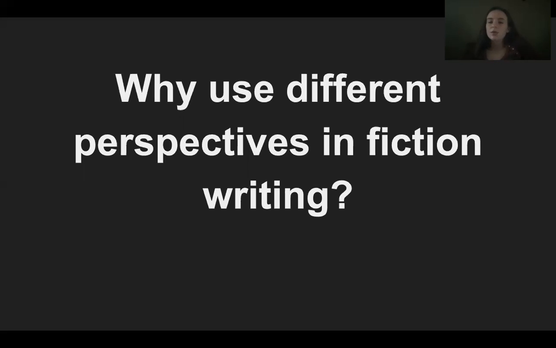However, if an author wanted the reader to really empathize with a certain character and really relate to them, then they might choose to use the first person point of view, so that the reader is seeing things through one character's eyes.